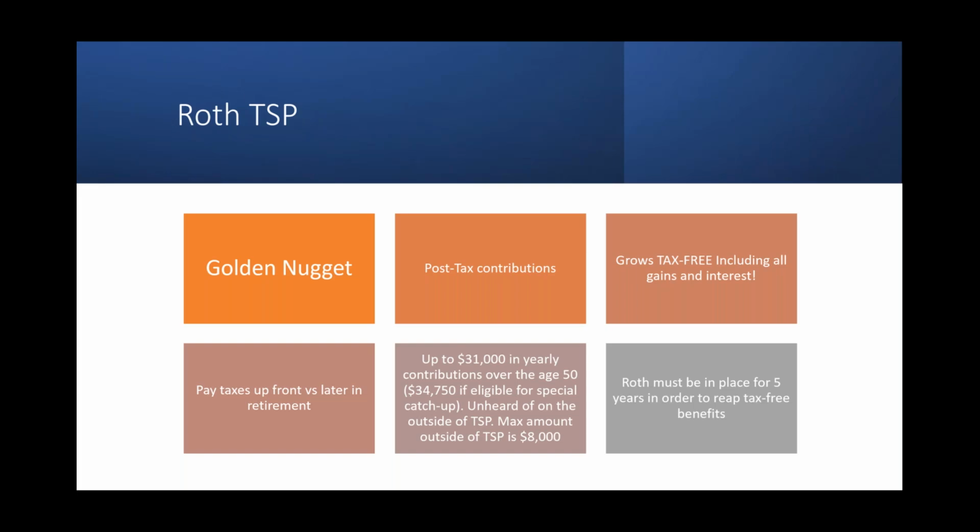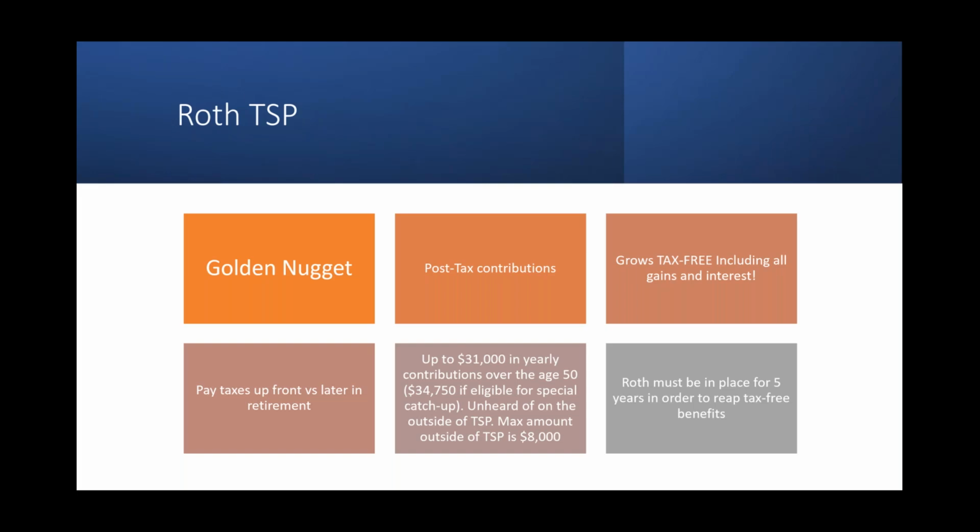Huge advantage. You have the ability to take advantage of something that's given to you that you can't get on the outside. That's why I think a lot of people need to take advantage of this, okay? But again, I want to make sure I reiterate this. A Roth IRA, a Roth TSP, a Roth anything, in order to reap the tax benefits from the Roth, you have to have it in place and opened for 5 years minimally.